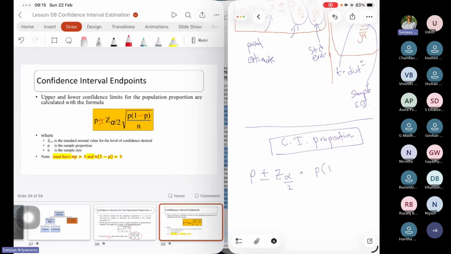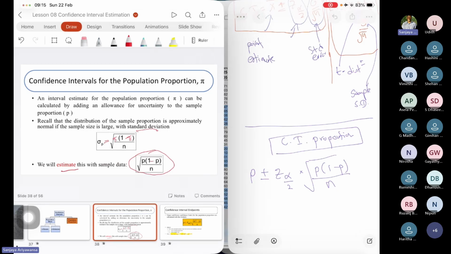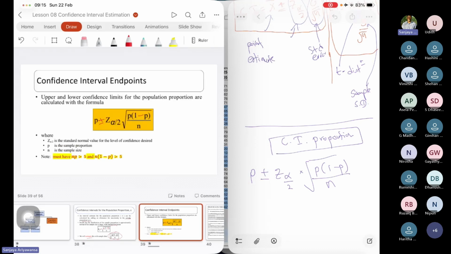The standard error in this case is estimated by the square root of P times 1 minus P divided by n. Now, what is P? P is the sample proportion that we are using.